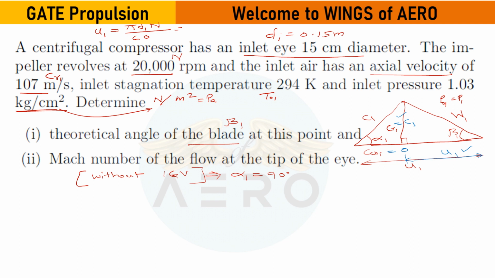Height by base. Tan beta 1 equals CR1 by U1. What is CR1? 107. You can find U using this formula. Put it over here. U value is 157.07. Beta value is 34.26 degree. Excellent. So this is done.